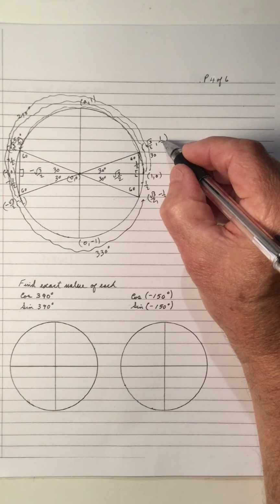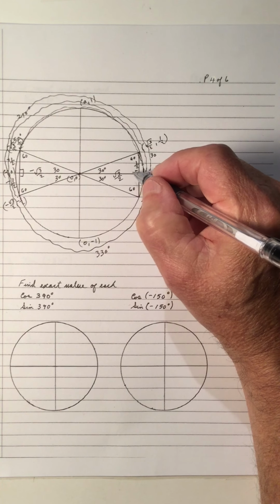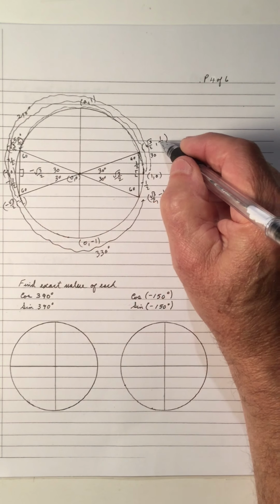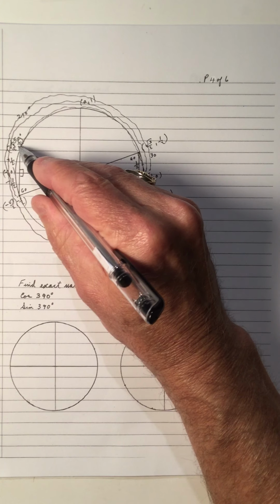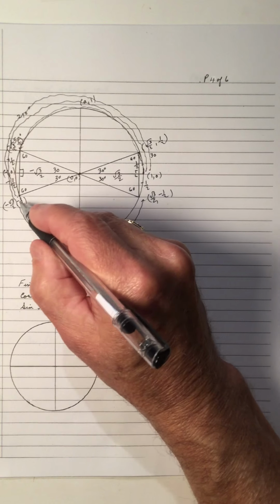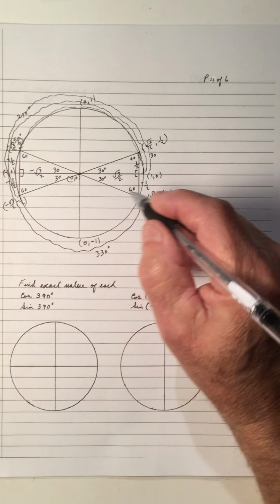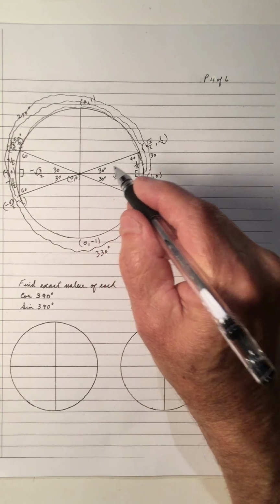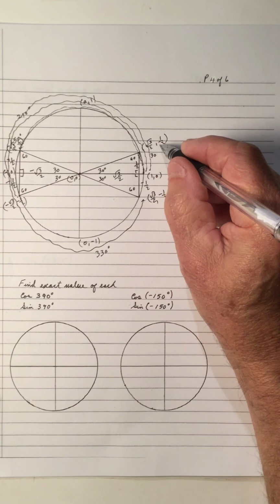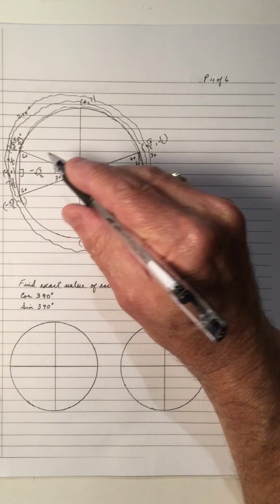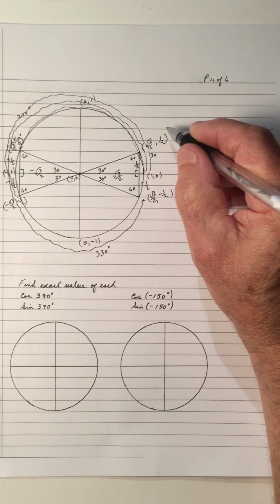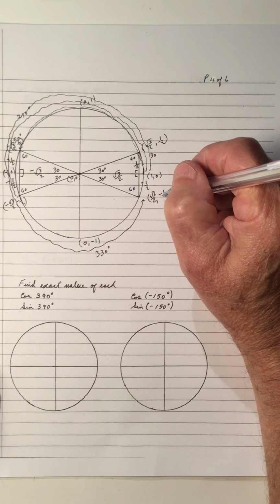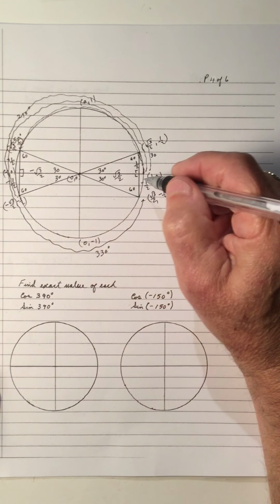And the sine of the rotation is the y value, which is always a half, but it's positive in quadrant 1, positive in quadrant 2, negative in quadrant 3, negative in quadrant 4. So for the 30 degree reference angle, the values are the same except plus or minus depending on the quadrant.